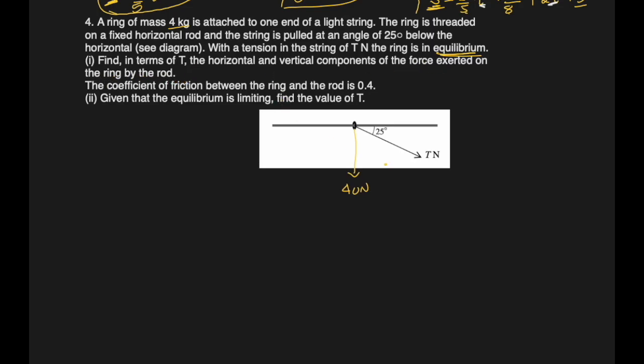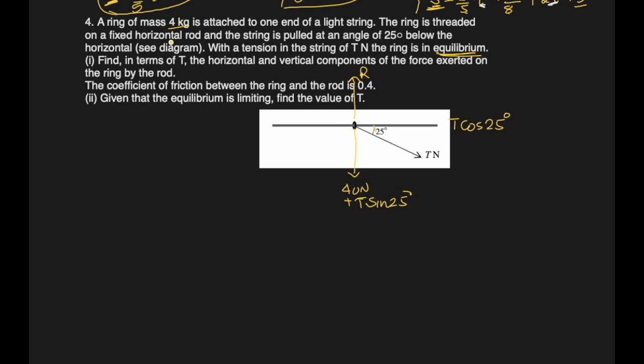Okay, so since the angle is here, this component will become T cos 25, and they said in terms of T. So this is there. 40 is already here, but there will be a component of this tension there as well. So it will be T sine 25 degrees. Because this ring is not going down or going up, there will be a reaction force or normal contact force which will balance these two forces.